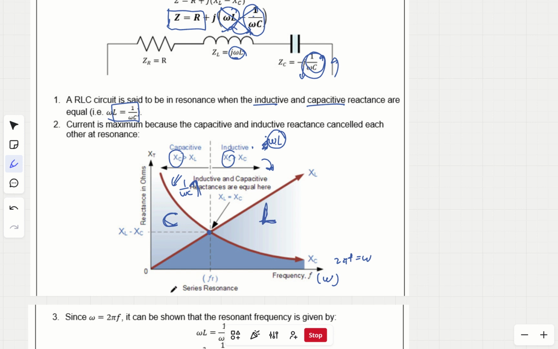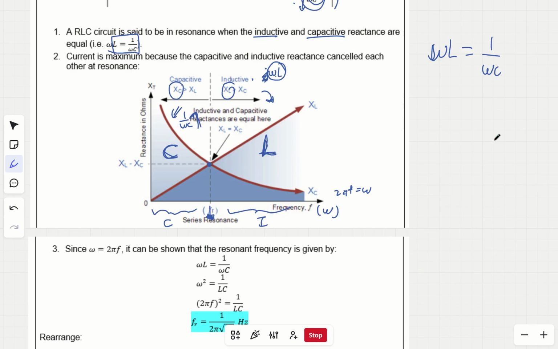When omega is at a certain value such that omega L equals 1 over omega C, when the frequency is such that these two are the same, then we call it resonance. It is neither inductive nor capacitive.